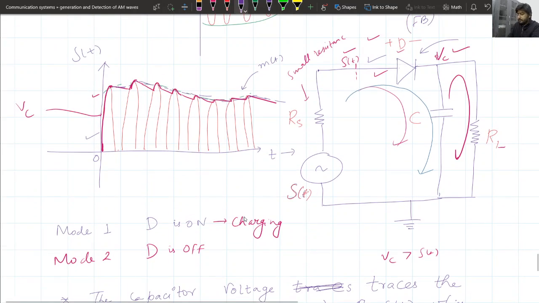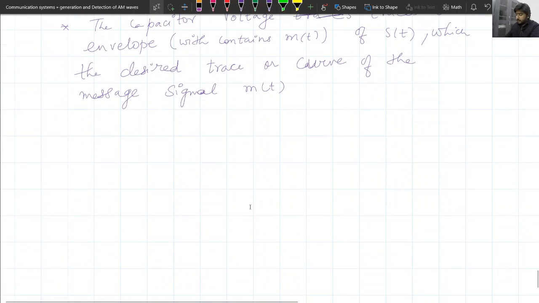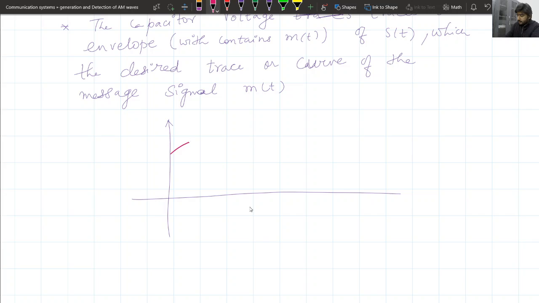Right? So if we write the trace of the curve separately, once again from this till something like this, it is approximately equal to the trace m(t).